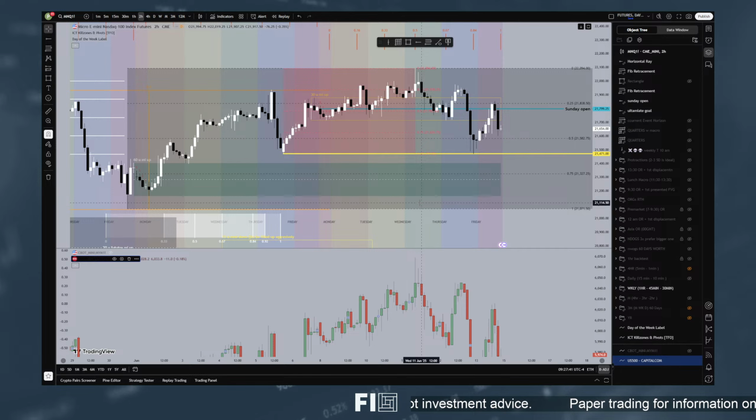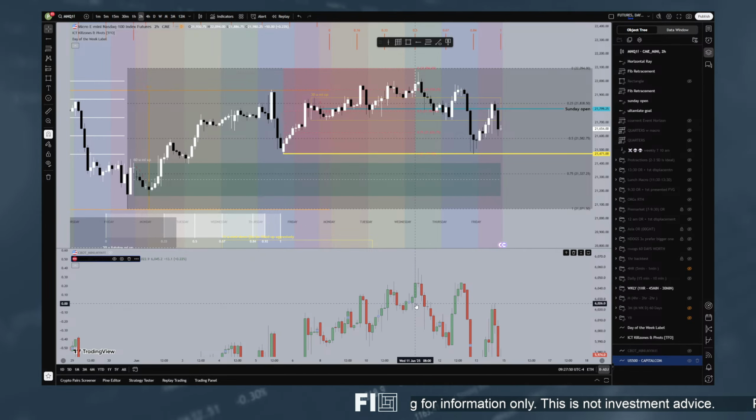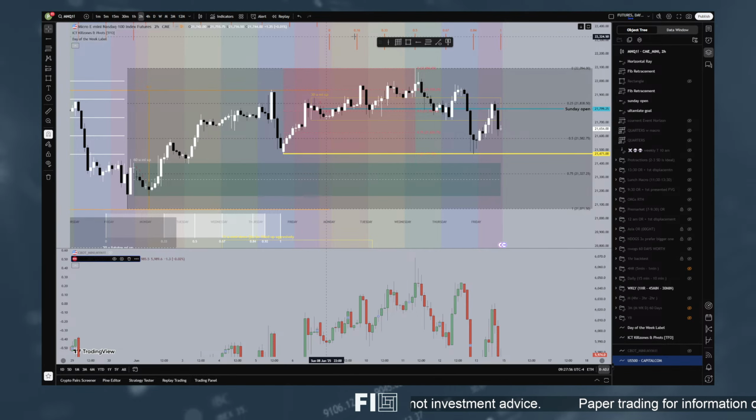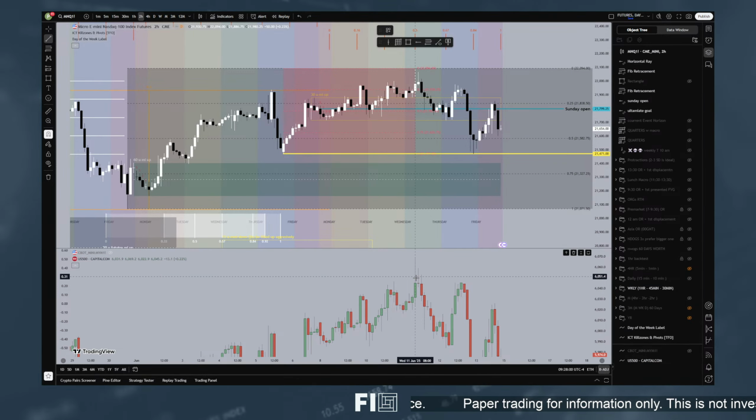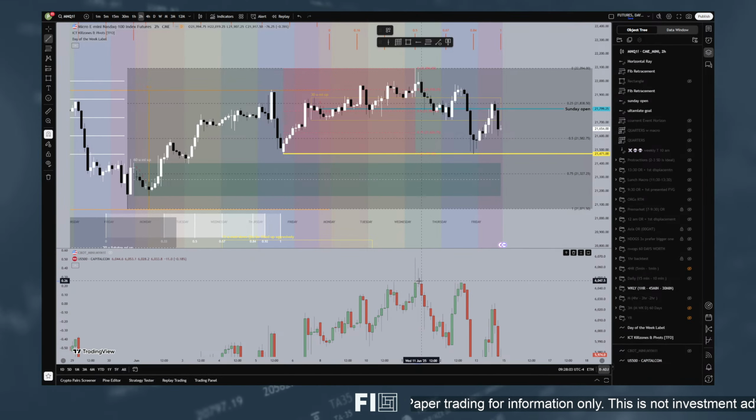Okay, so we have that high, lower high there, broke down lower. This could be something. Let me see here. How can I mark you up? This could have been something here. See that equal high?